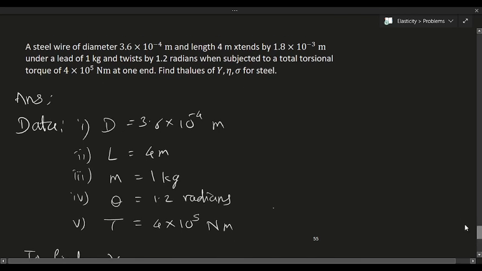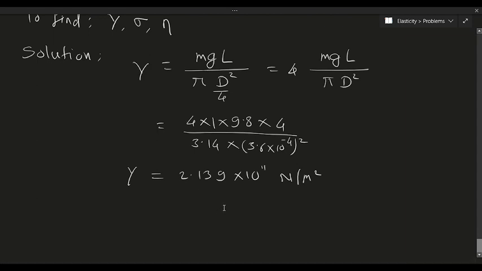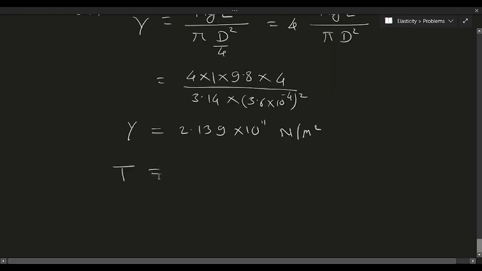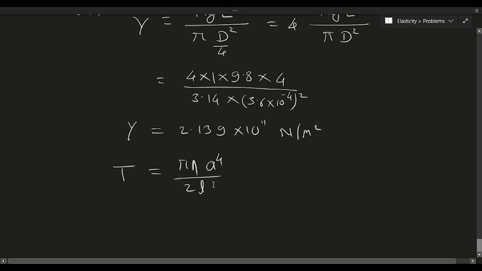Now we calculate shear modulus, eta. To calculate shear modulus, we are given the twist produced in the wire and the torque that causes it. We use this formula: torque is equal to pi eta a^4 divided by 2L, now it is capital L, the original length, into theta. a is the radius of the wire.